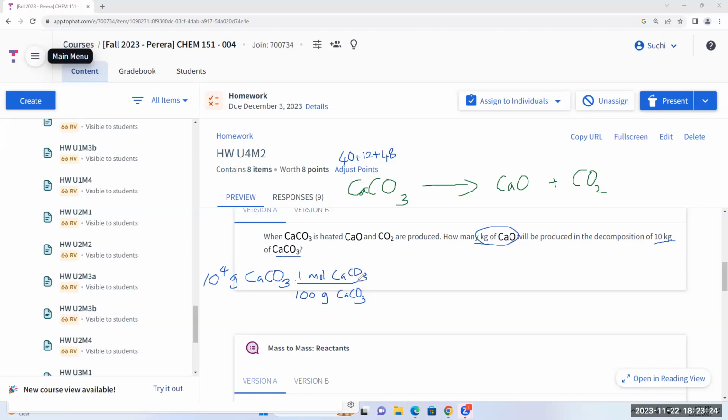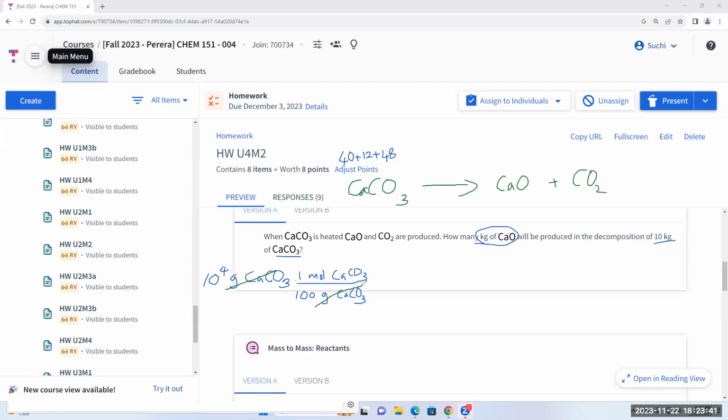Why did I do that? So that I can cancel out the grams of calcium carbonate. Now I just have the moles of calcium carbonate, but I don't want that either. What I want is the mass of calcium oxide.